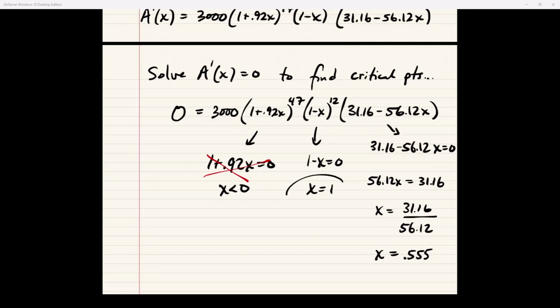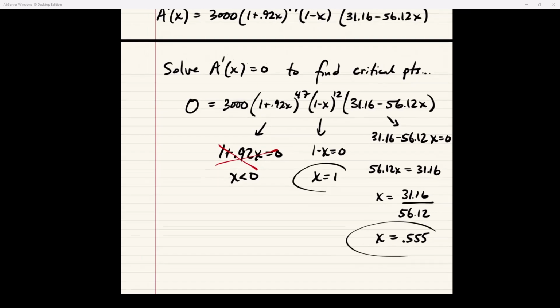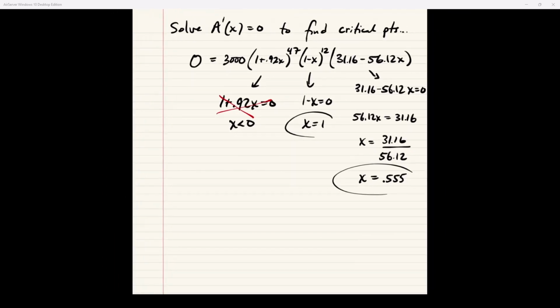All right, so we basically have these two points that we would be testing. Without even really looking at the graph, I could now collect the critical points and the endpoints and evaluate the function there. One endpoint was 0, I've got a critical point of approximately 0.555, and the other endpoint being 1, which is also a critical point of the function in general.